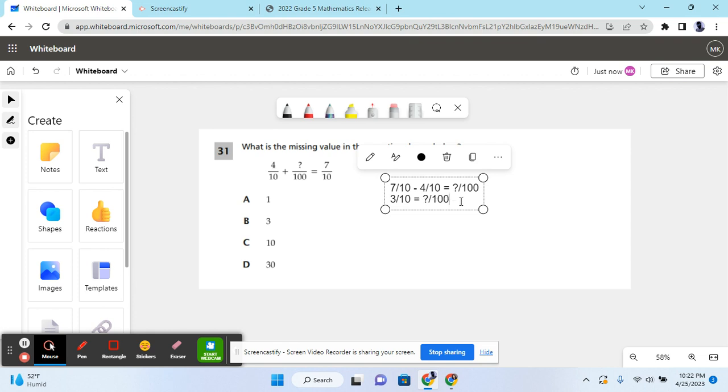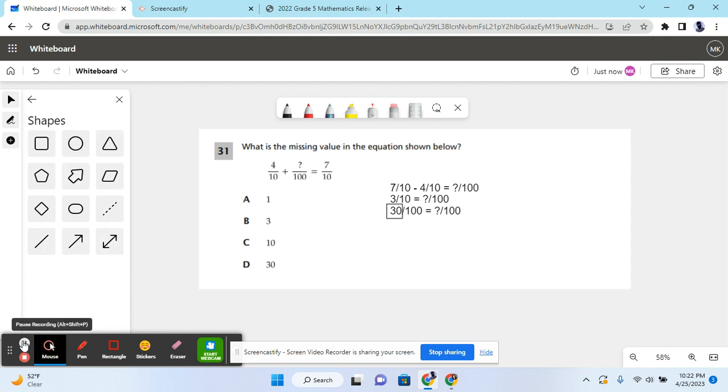So a common denominator for both would be 100, and we have to rewrite 3/10 with the denominator of 100, and that gives us 30 over 100 equals question mark over 100. Here you can see that 30 basically represents the question mark, so 30 is the answer. This means that answer choice D is the correct answer.